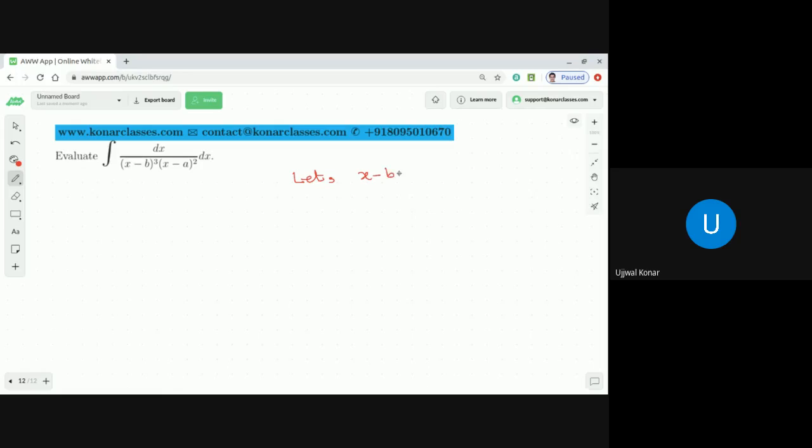Got it? After that, you proceed, please. Then you will get an integrand in t dt, which will be easy to integrate. But I will suggest, please work on this question at last.